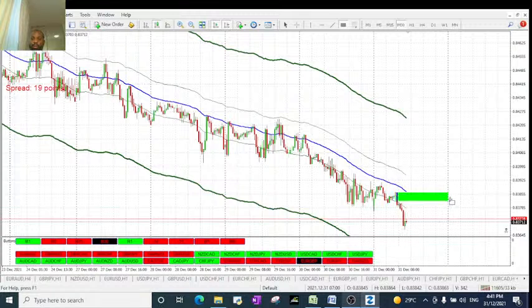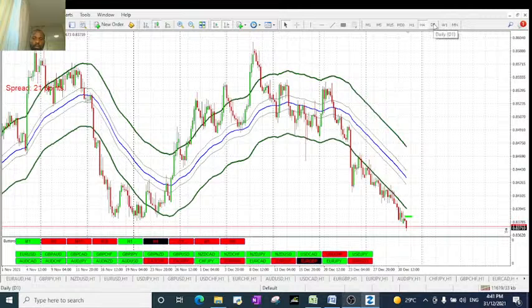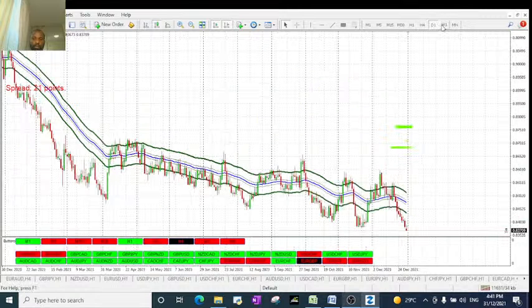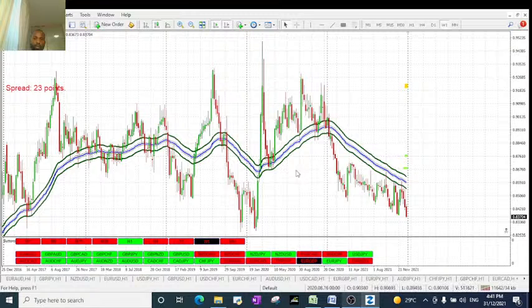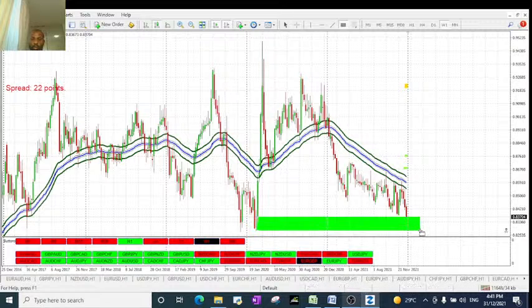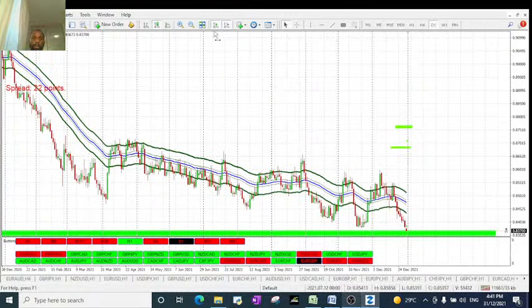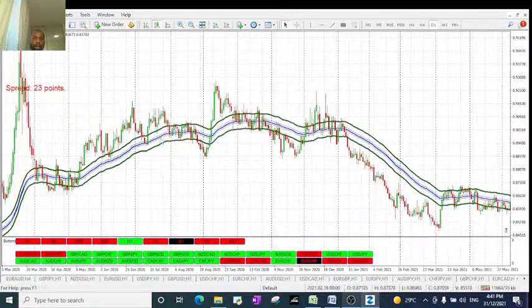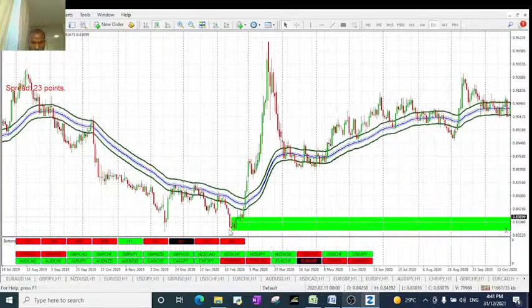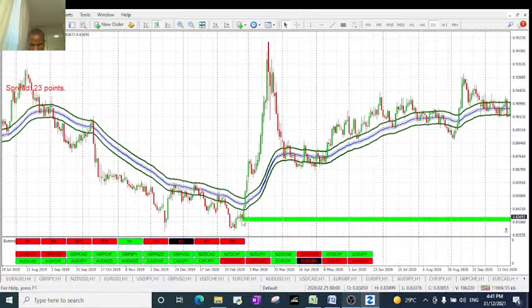Euro pound, getting into a weekly zone, but a strong weekly zone. So we have to pay extra attention to this, especially here.